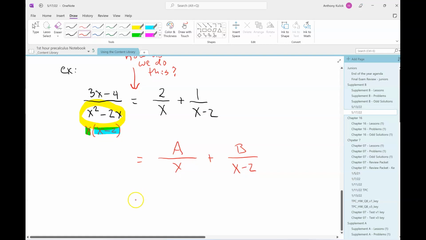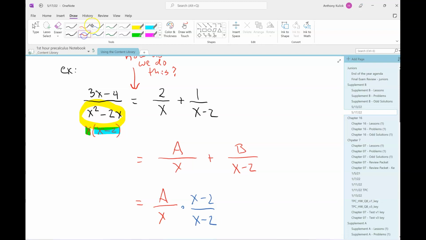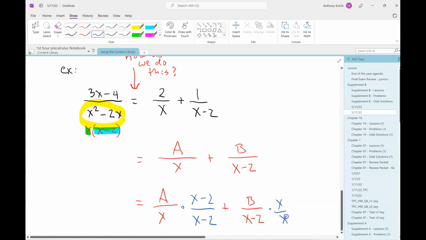So if I were to then try to make a common denominator with these things, I'd multiply this one by x minus 2 over x minus 2. And I'd multiply this one by x over x.